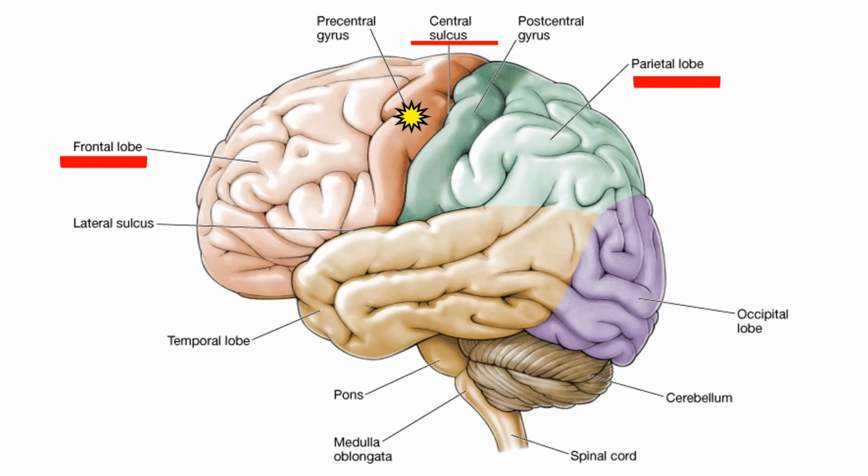In the frontal lobe, anterior to the central sulcus, you find the motor area, and posterior to it is called the post-central gyrus, which is the sensory part of the nervous system. And then we have the temporal lobe, which is inferior to the lateral sulcus, and the occipital lobe is at the posterior pole of the brain.